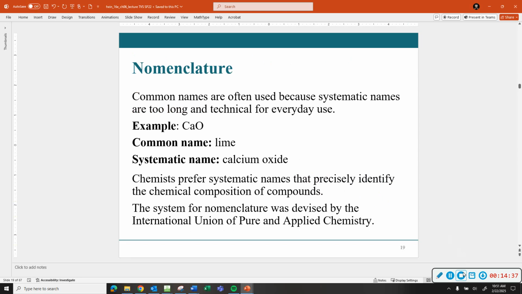All right. So, nomenclature, here's an example of CaO. Calcium oxide. That common name is lime. Calcium carbonate, when you add carbon and more oxygen to it, you get limestone. So there's always going to be common names that you can easily look up, but we want the systematic name.